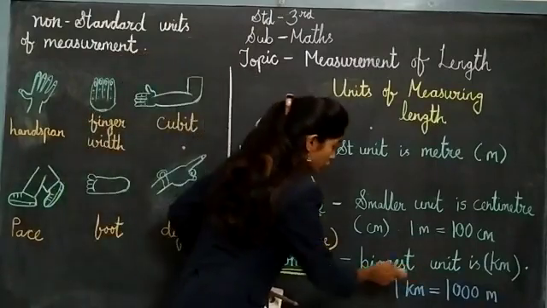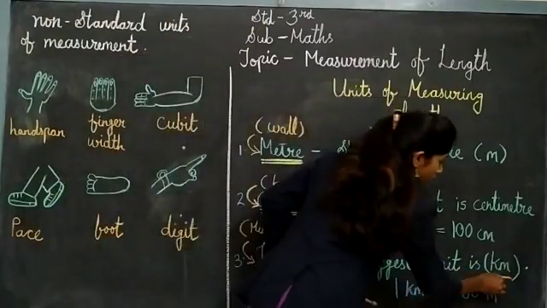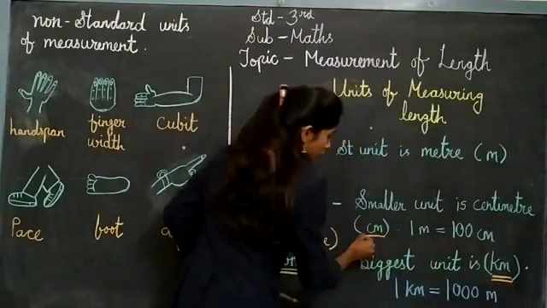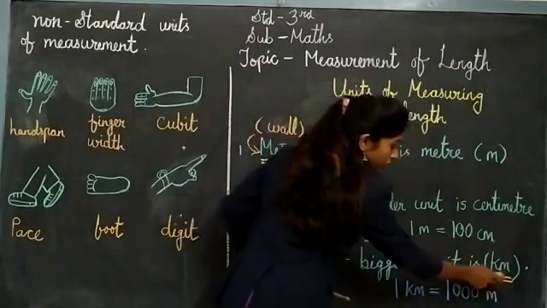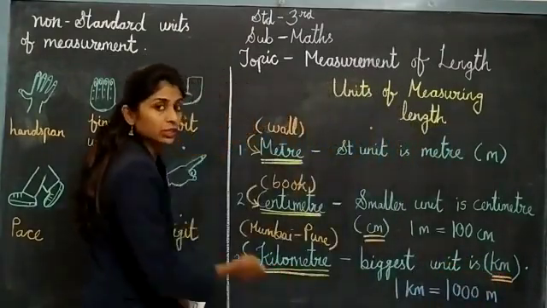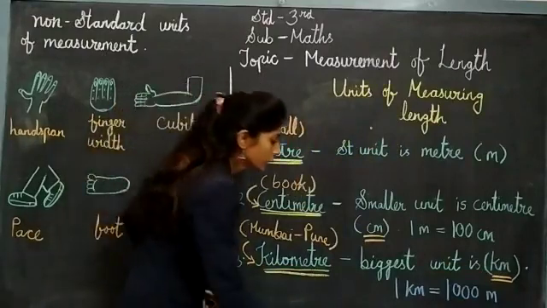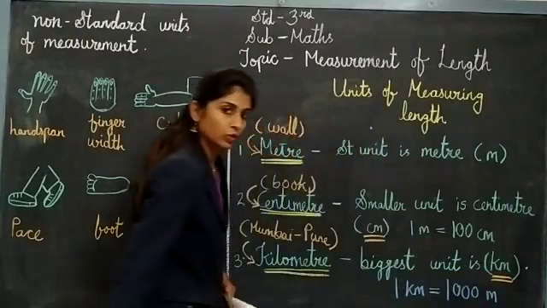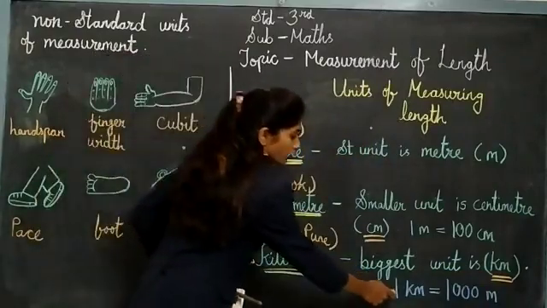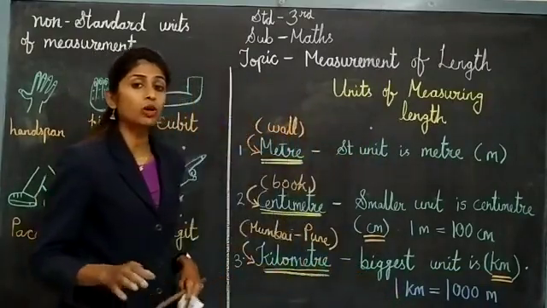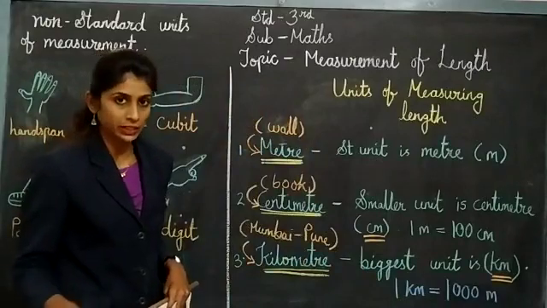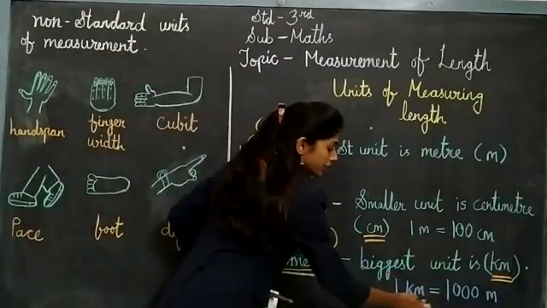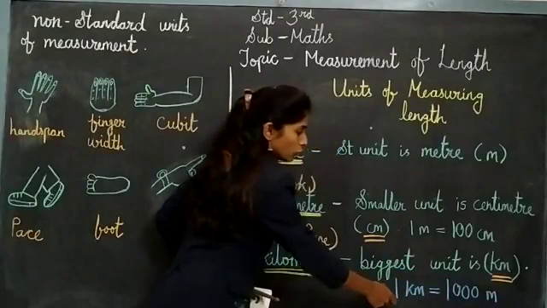And how do we write kilometer? We write it as km, small km. Another thing you need to remember, children, 1 kilometer is equal to 1000 meter. If I want to make 1 kilometer, I have to add 1000 meter to it. Then my 1000 meter will get converted into 1 kilometer.